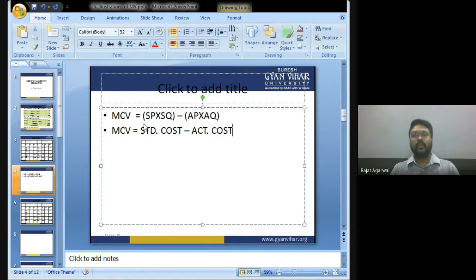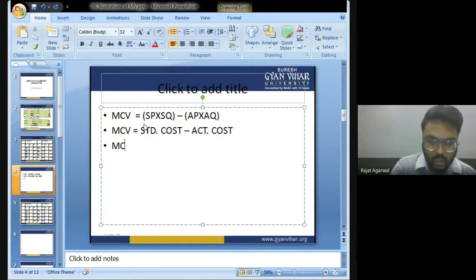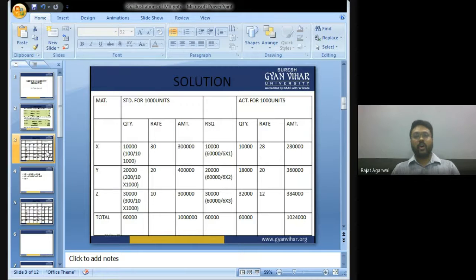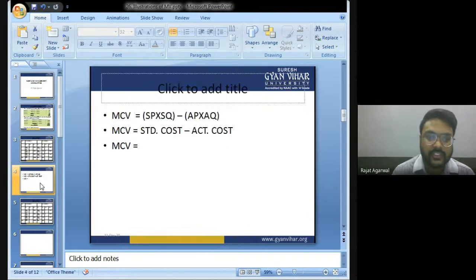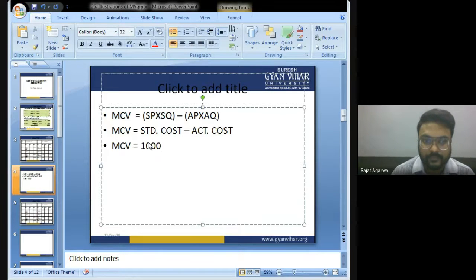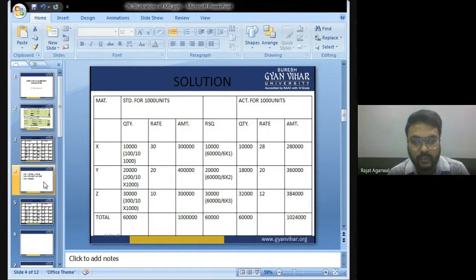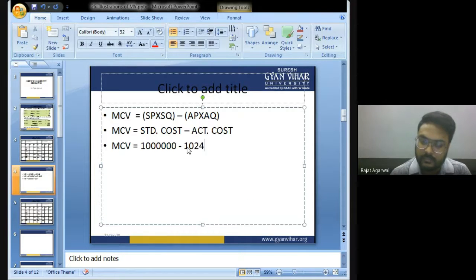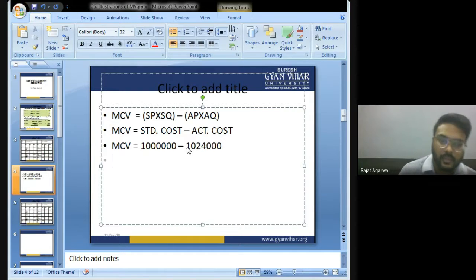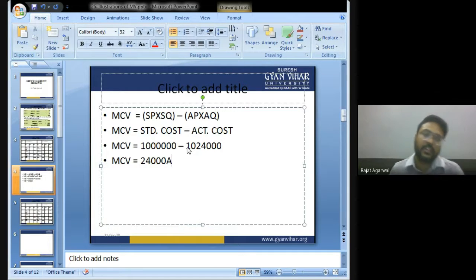We have already calculated the standard cost. Standard cost is 10 lakh. Actual cost is 10 lakh 24,000. Material cost variance will be 10 lakh minus 10 lakh 24,000. Material cost variance is 24,000 adverse.